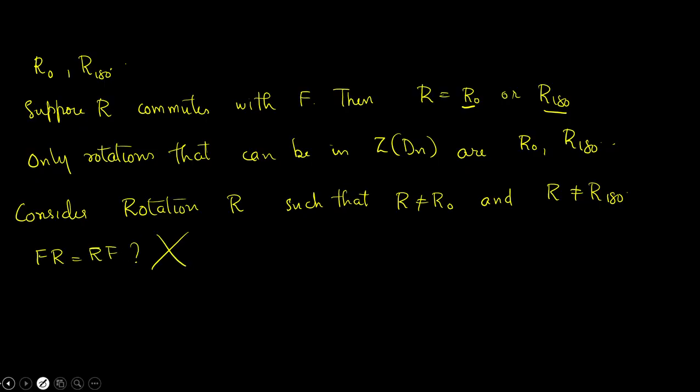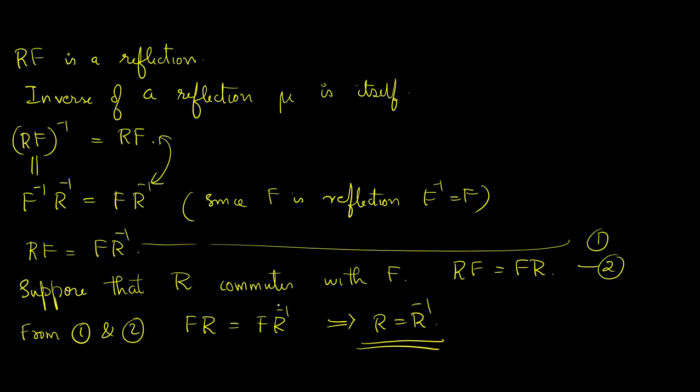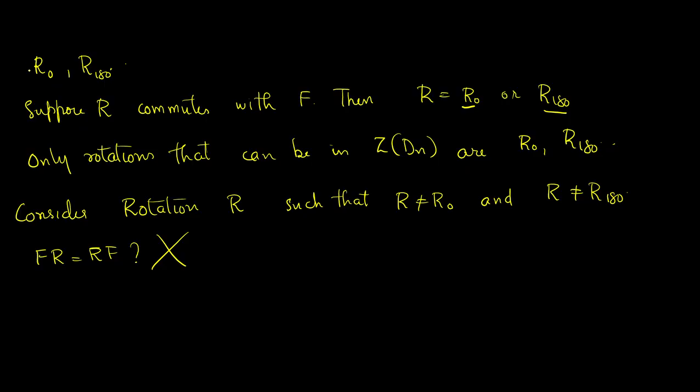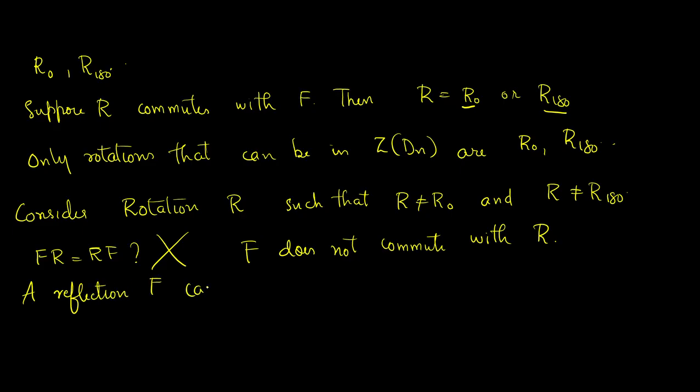This cannot be, right? Because from the earlier discussion, if FR is equal to RF, then R must be equal to R inverse and R must be equal to R0 or R180. So if we are considering some other rotation, then RF cannot be equal to FR. So F does not commute with R. So a reflection F cannot be in Z of Dn.